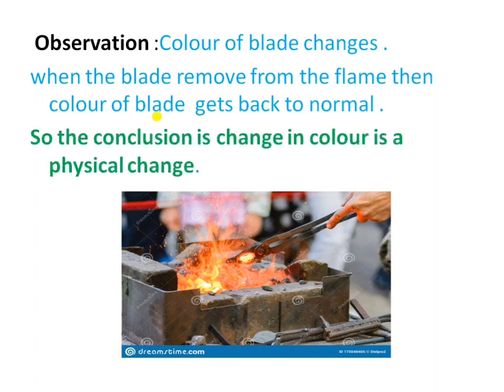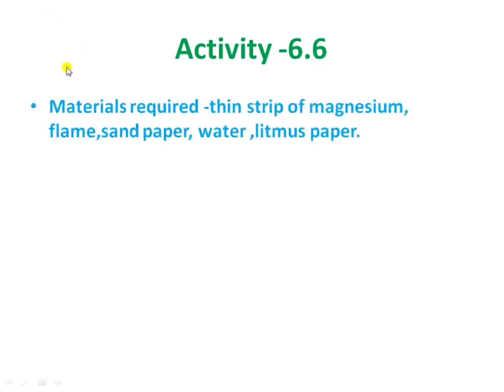Moving on, our next activity, that is activity 6.6. The materials required for this activity are a thin strip or ribbon of magnesium, a flame, sandpaper, water, and litmus paper.